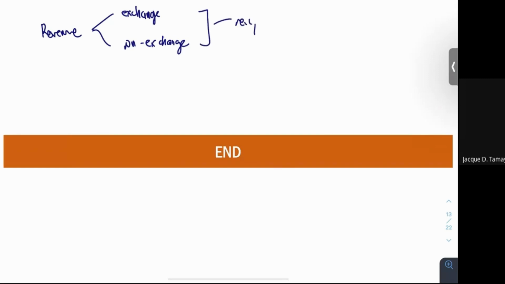So let's just wrap up this particular topic. In this particular system, we talk about your revenue. And your revenue can come from either exchange or non-exchange. Now, the same rules cover whenever we record the receipt of revenue.